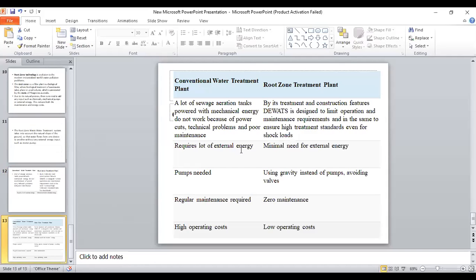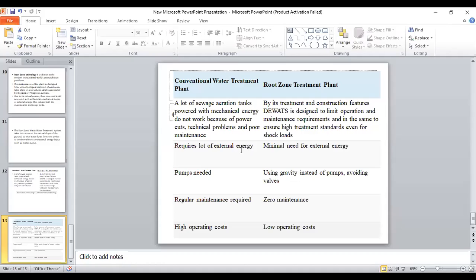Now we'll see a comparative study of the conventional water treatment plant and the root zone treatment plant. A lot of sewage aeration tanks, the conventional type of wastewater treatment system, powered with mechanical energy do not work because of power cuts, technical problems, poor maintenance, etc. Many problems arise when electric and mechanical parts are involved, so maintenance problems and discontinuation are usual.